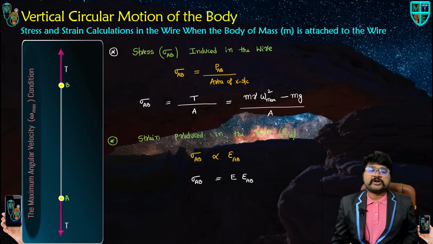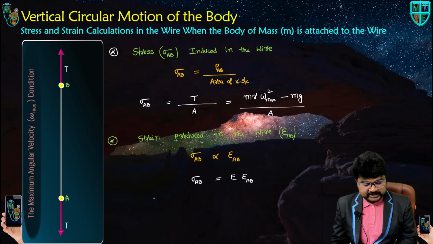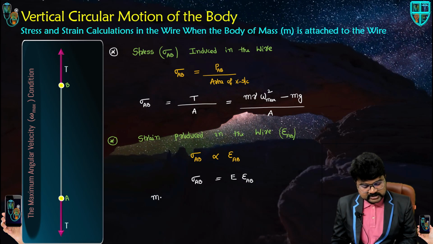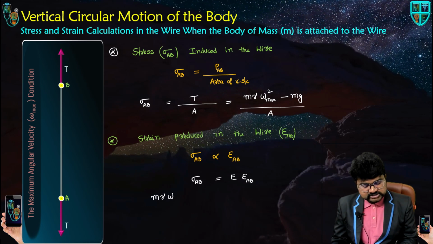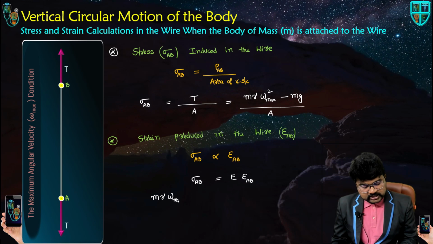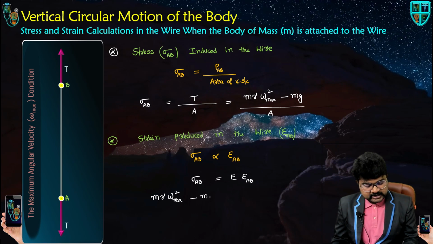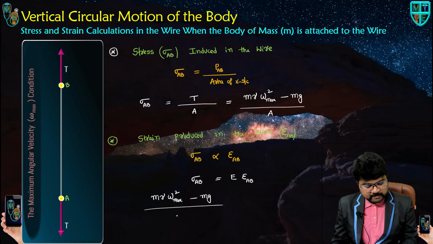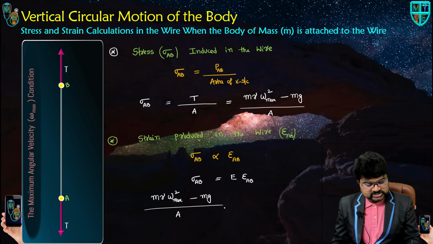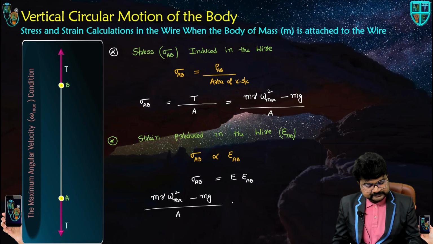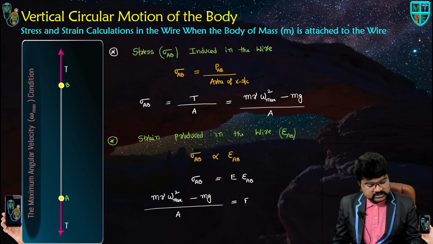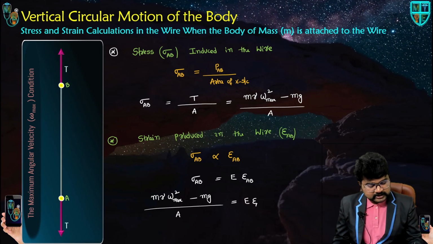What is the longitudinal stress induced in the wire? Here it is mr omega maximum squared minus mg, by area of cross section. Here you will be getting this equal to E epsilon AB.